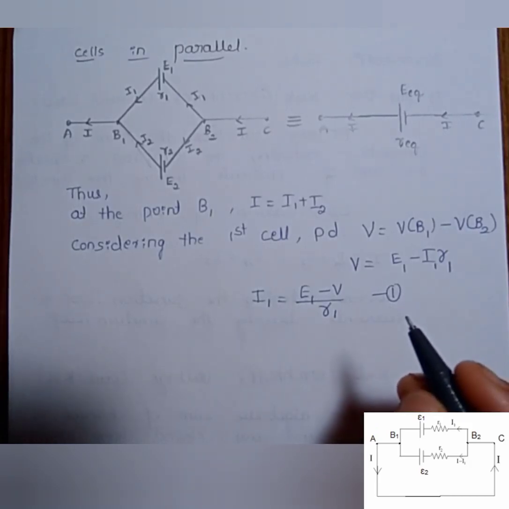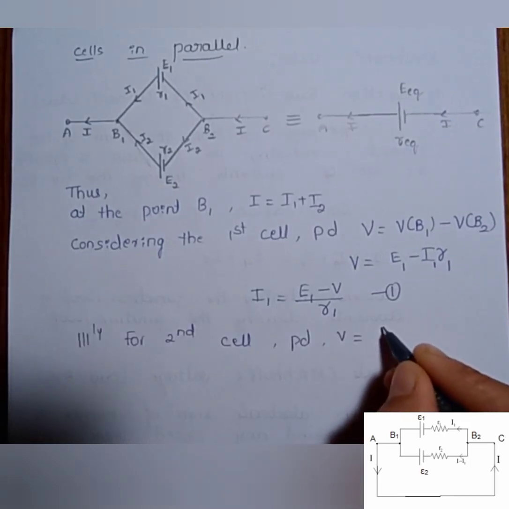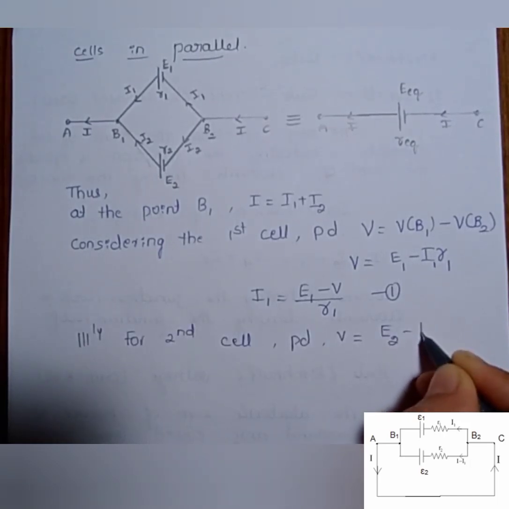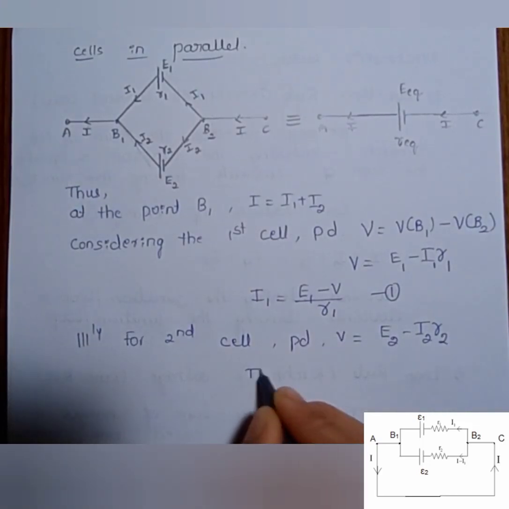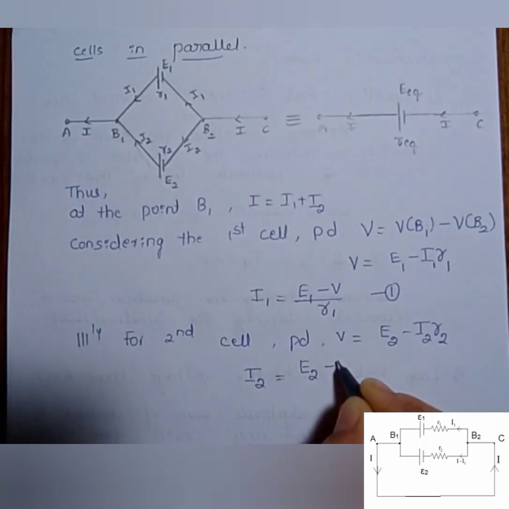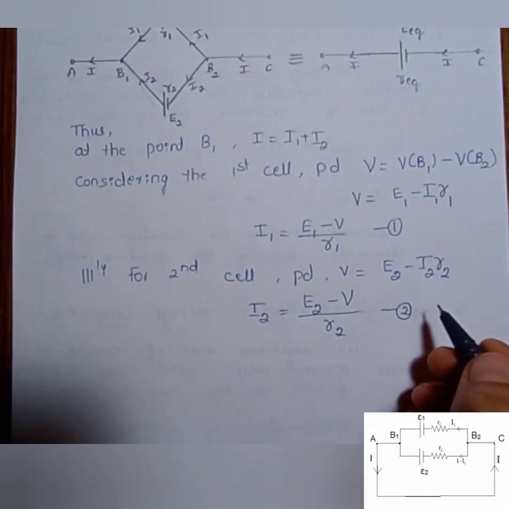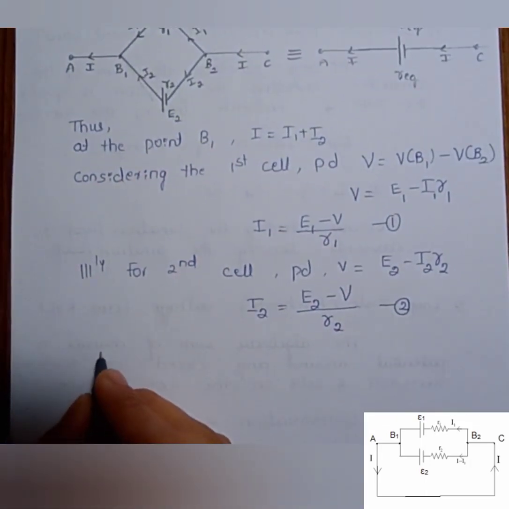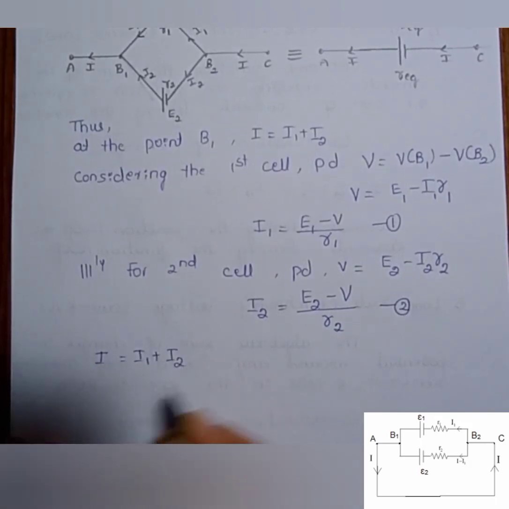Similarly, for the second cell, the potential difference V is equal to E2 minus I2 into R2. In the similar way, I2 can be written as E2 minus V divided by R2. Now substitute I1 and I2 values in the expression I is equal to I1 plus I2.